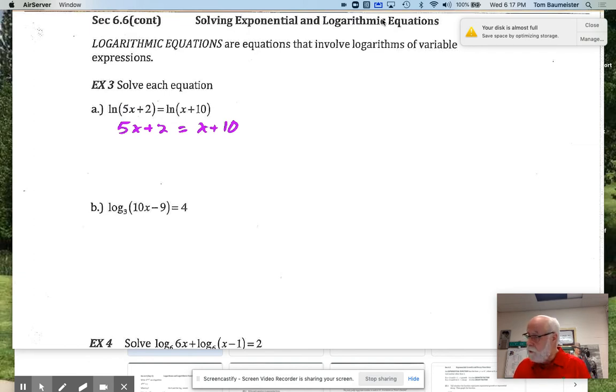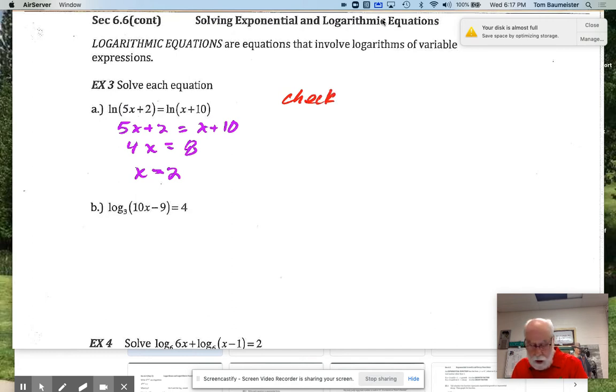Okay, so now I'm just going to solve it. I'm going to subtract the x, so that'll give me 4x on this side. I'm going to subtract the 2, that'll give me 8 on this side, and then I'll get that x is equal to 2. All right, so let's get in the habit of checking some of these, and we'll see why in a second.